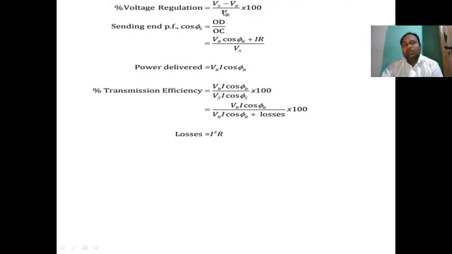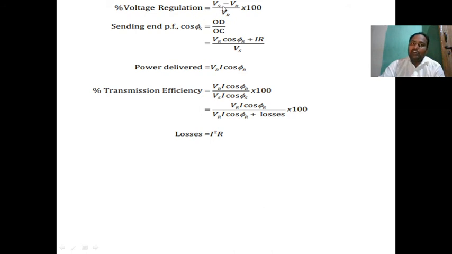Normally the exact formula for percentage voltage regulation is Vs by A minus Vr by Vr into 100, where A is an ABCD constant. There is a proof for that, which I can show in the next classes. But in a short transmission line the constant A value is 1. That is also derived in the next classes.